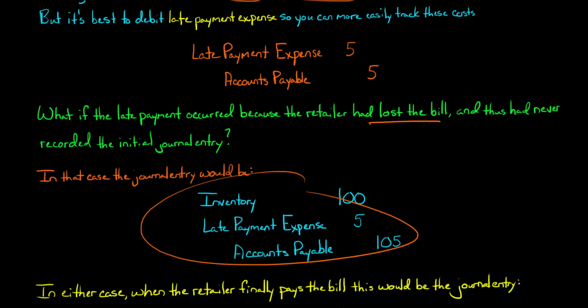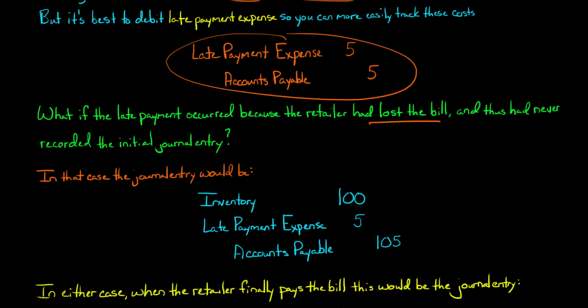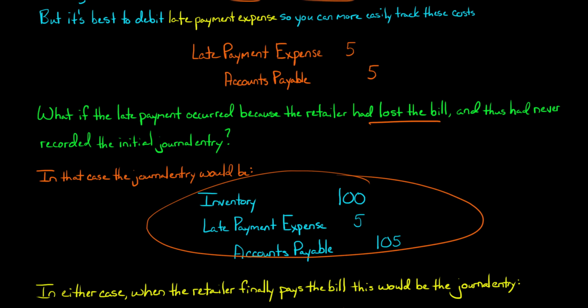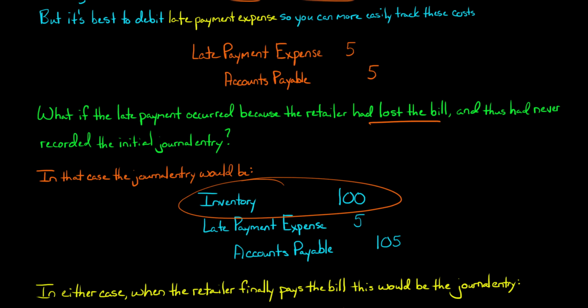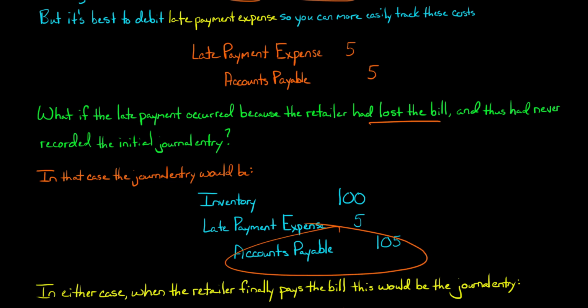Before, had you originally debited inventory for $100, credit accounts payable for $100, then you would come in and debit late payment expense, credit accounts payable. But I'm saying, had you never made that initial journal entry, and then you say, oh, we never made that initial journal entry, I guess we're late on this bill. You have to debit the inventory account and then credit accounts payable for the $105 because you never credited accounts payable for $100 before in that hypothetical scenario.